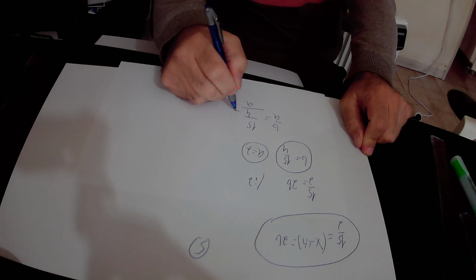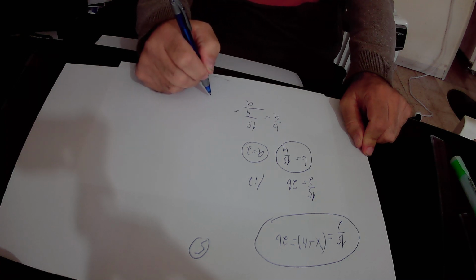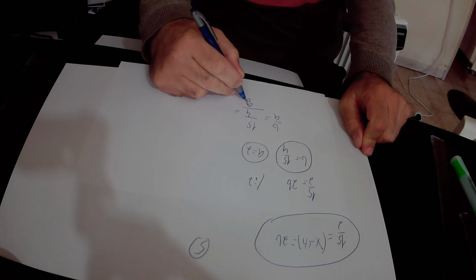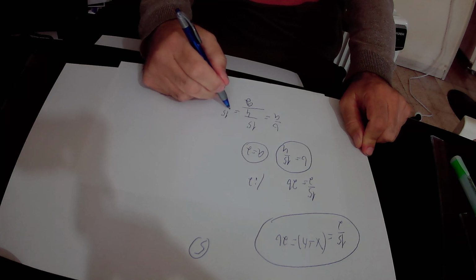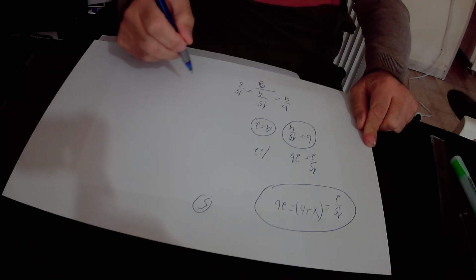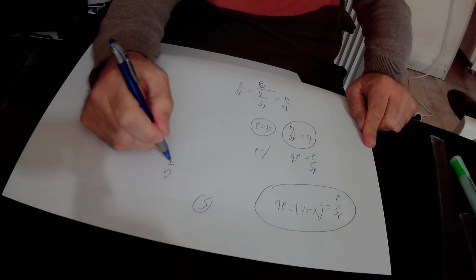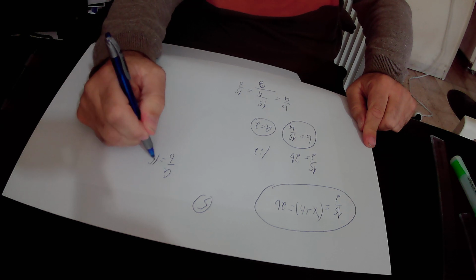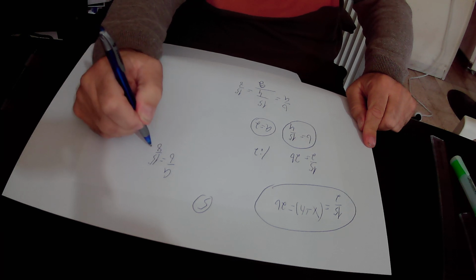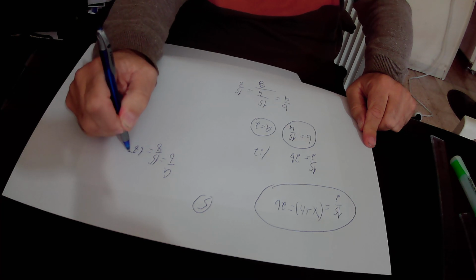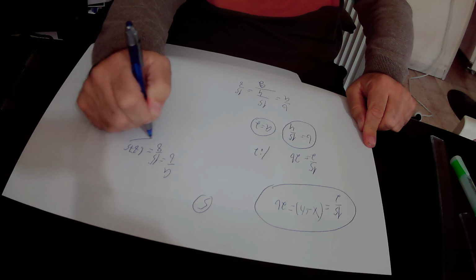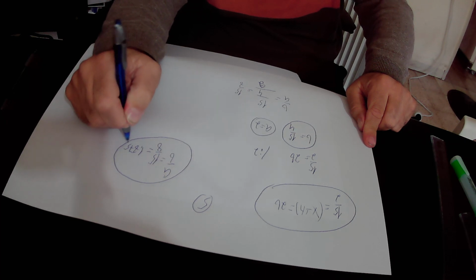So b over a equals 15 over 4 over 2, which is 15 over 8. So in conclusion, we found out that the ratio b over a equals 15 over 8. In terms of numbers, it is equal to 1.875, and that is the answer to our question.